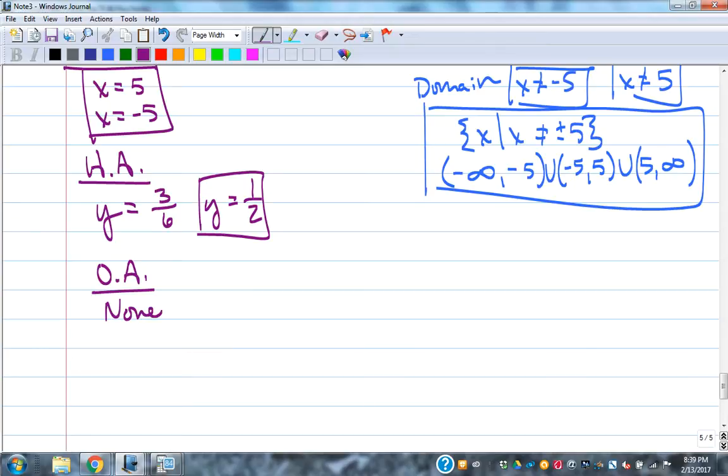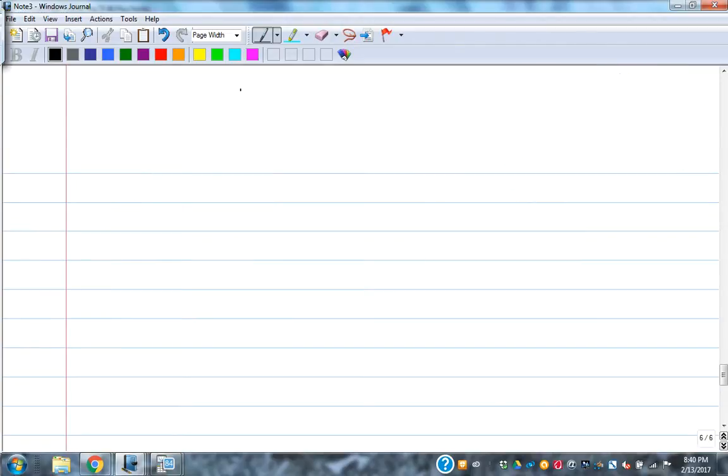Oh, no. The rules make it look rough, but if you know the rules, the work's easy. Okay? And then we could graph that if we need to. Let's go ahead and go to the next problem, see what's happening with it. Let's do this one. K of x equals x squared plus 4x.